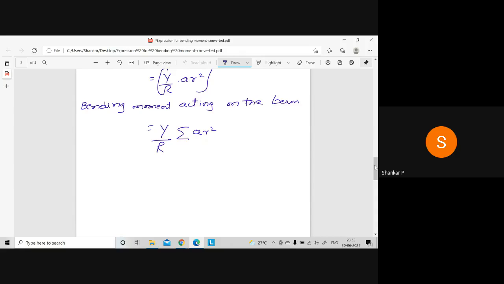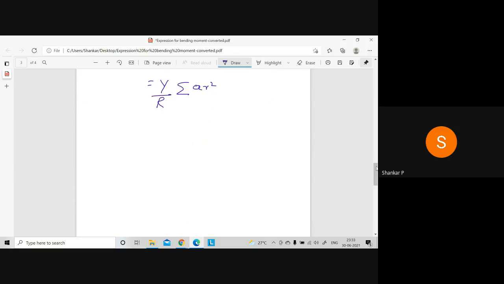So it will be Y by R into the summation of A r square. The summation of A r square is nothing but A into k square, where A k square is nothing but the geometrical moment of inertia, that is Ig.